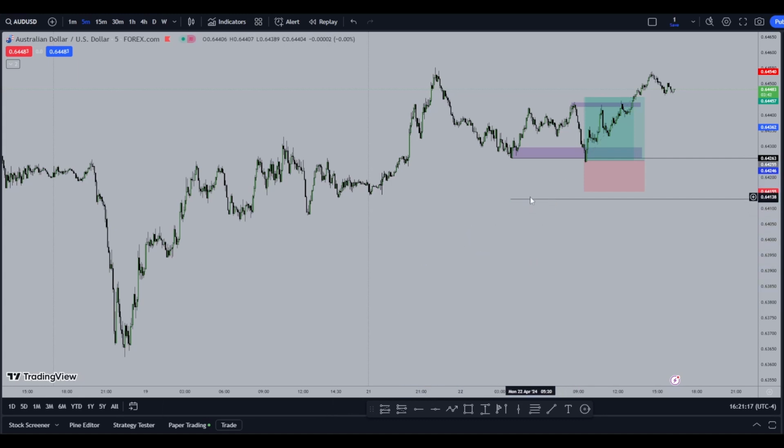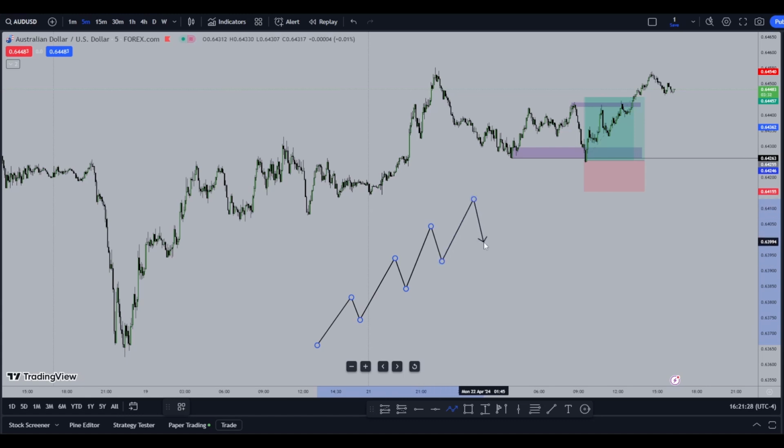Now I should tell you about the liquidity run. A liquidity run is like this: when you know that the order flow is bullish, price will give a change of character like this, and then it will go and reject from the same place where it got rejected last time.